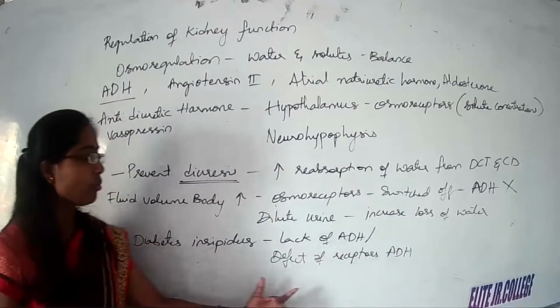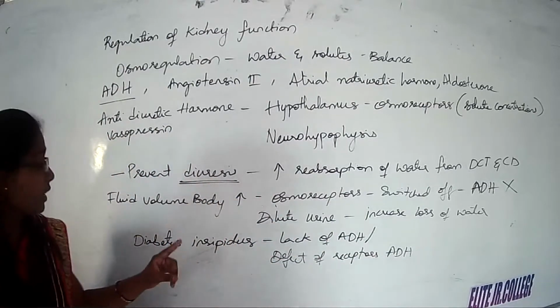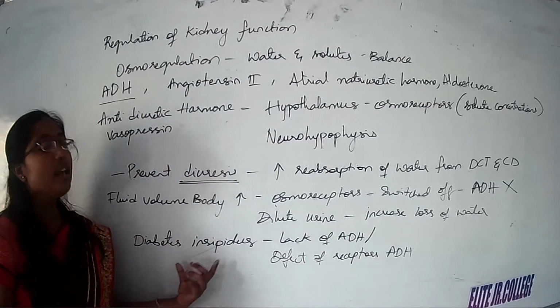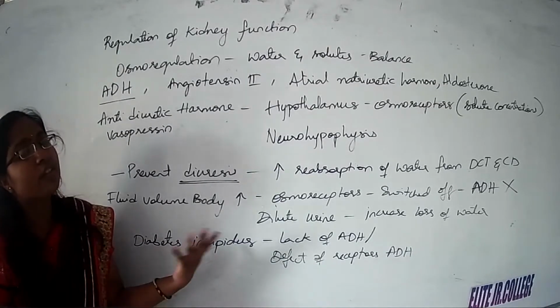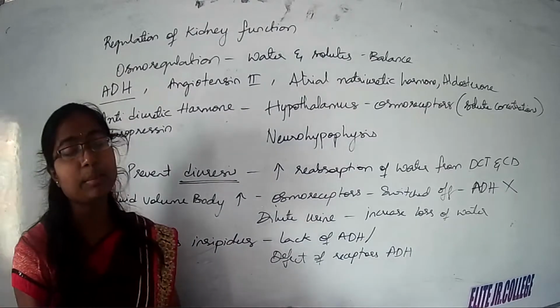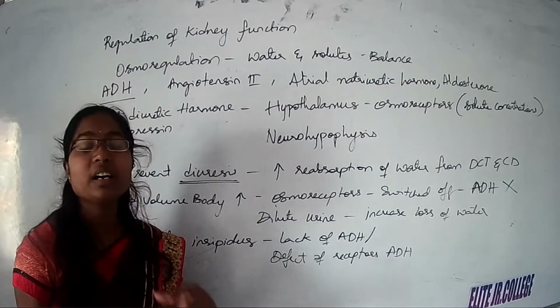Lack of antidiuretic hormone or a defect in the receptors of ADH is going to result in the disorder called diabetes insipidus. During this condition, when ADH is not produced or if the receptors for ADH are not available, then what is going to happen? Diuresis is going to happen.